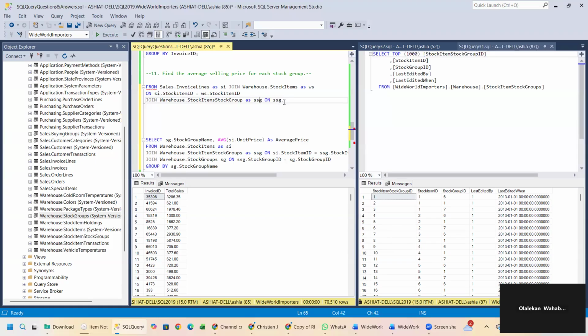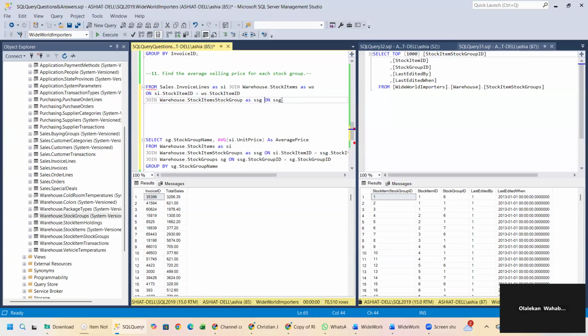Before I can join the stock group, I need to join this one with stock item because they have stock item ID here and the stock item table as stock item too. Then I will join the stock group with this stock item stock group. I don't know if I'm communicating.